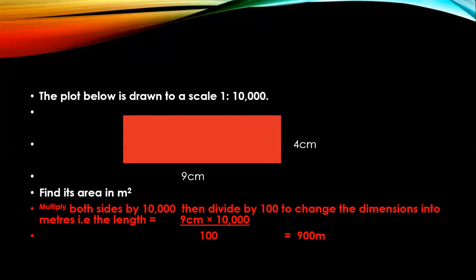So step number 1. Let me start again. When you have a question like this, multiply both your length and your width by the scale given, and then divide your answer by 100, changing your dimensions into meters.